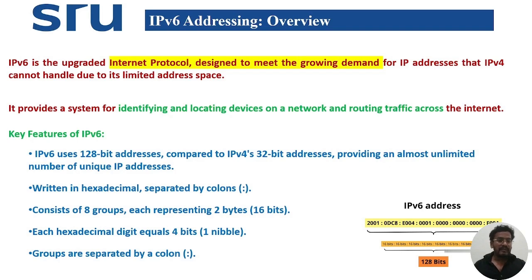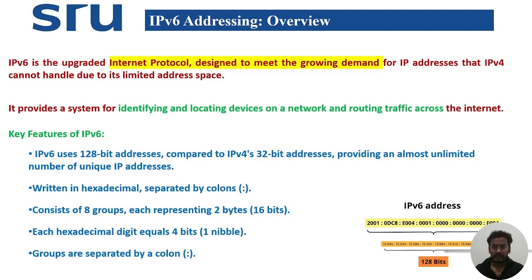It is written in hexadecimal and separated by colons. As we know from the previous lecture, hexadecimal consists of the numbers 0 to 9 with the letters A to F. That's why it is written in hexadecimal separated by colons like this, and it consists of 8 groups.